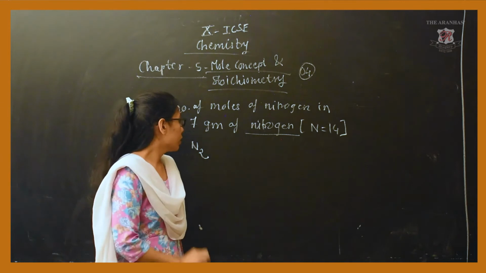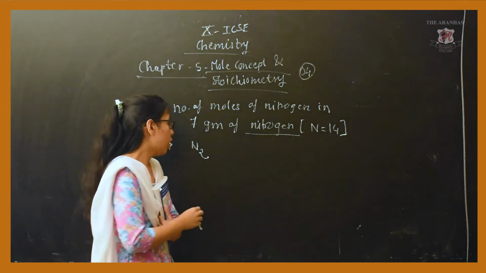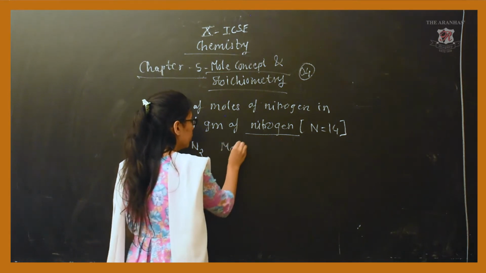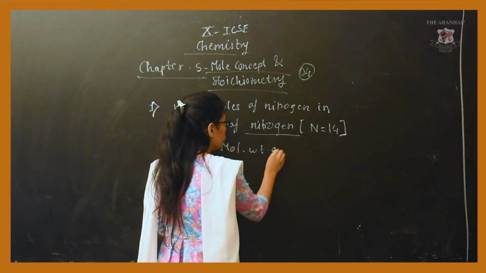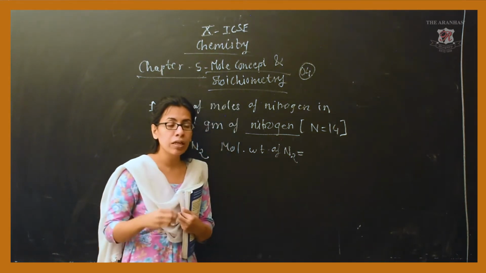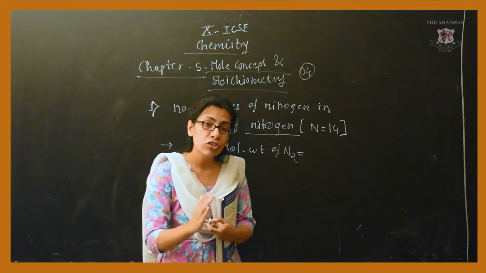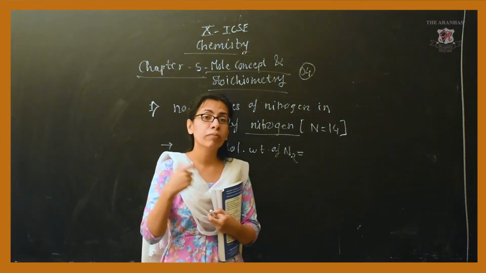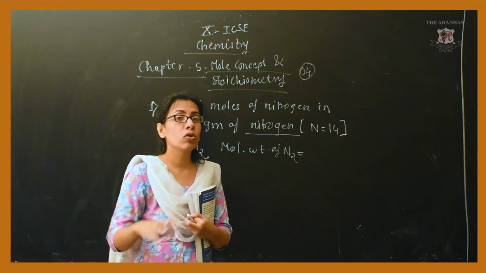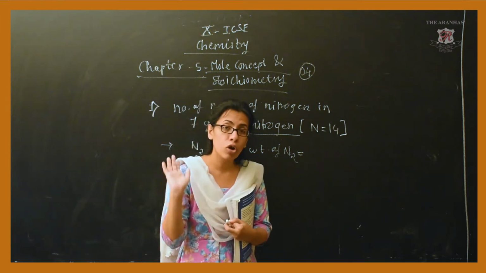The formula for nitrogen is N2. Now, if N2 is its molecular formula, how do we calculate the molecular weight of nitrogen? It's very simple. Molecular weight is nothing but the addition of the atomic masses or atomic weights of all the atoms in the molecule.